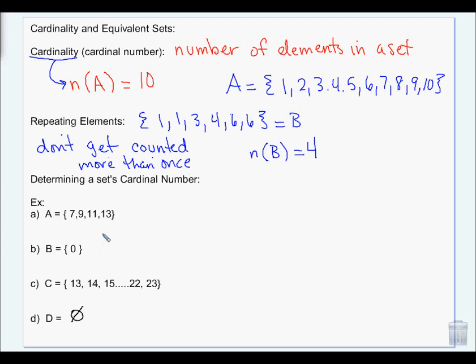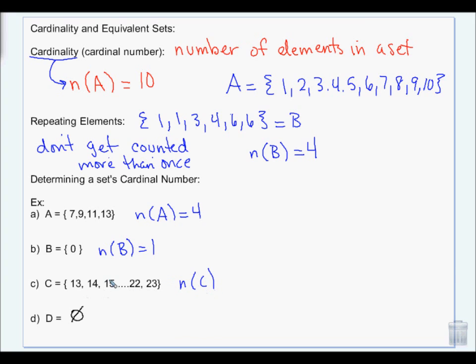So here we have this set A, and we're going to determine its cardinality. So I have 1, 2, 3, 4 elements, so the cardinality of A is 4. B has 1.